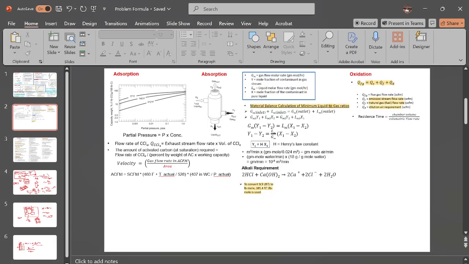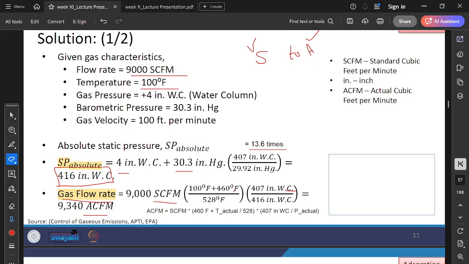So if I want the actual flow rate, then standard flow rate into temperature 460 Fahrenheit plus actual temperature by 528. These are all empirical formulas, into 407 pressure in water column by actual pressure, that is 416. So if I put all my values, actual here also actual, all others are standards. 460 and 528 are standard, 407 is standard.